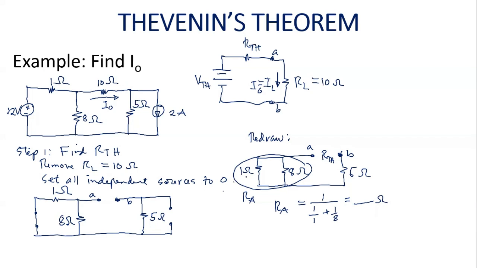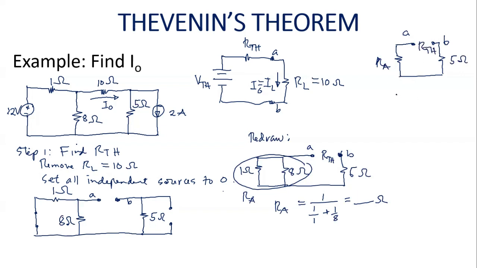So since we combine the 1 and the 8 ohms, and we call it as RA, and we have these terminals AB and the 5 ohm resistor. It is where we are going to solve for RTH.